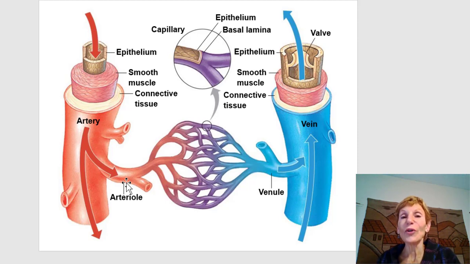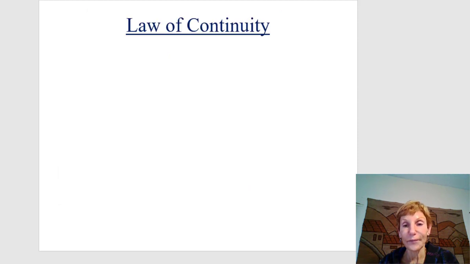And so in order to look at how fast blood flows through these different vessels relative to each other, we have to look at something called the law of continuity. It's a law, so it can't be broken.